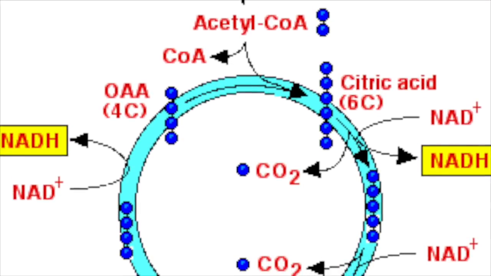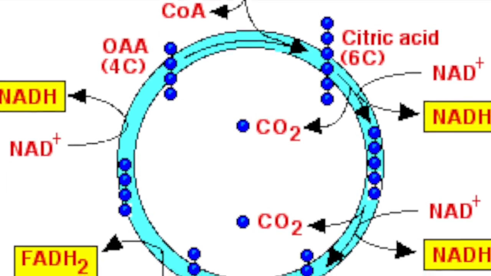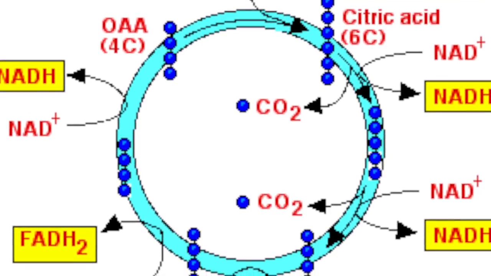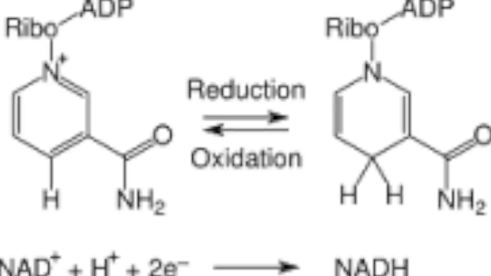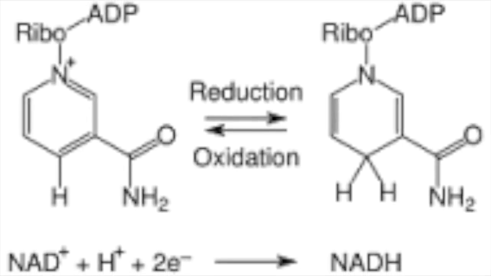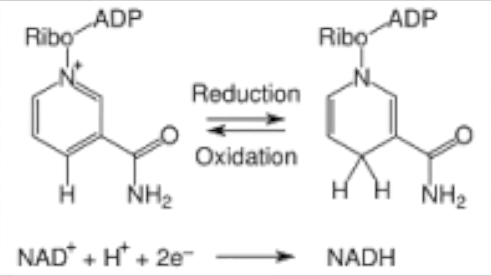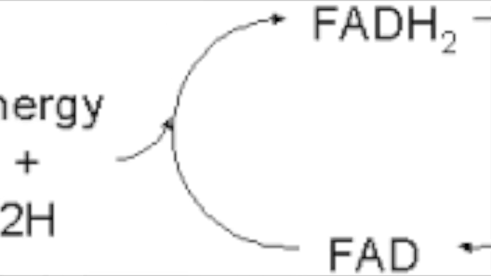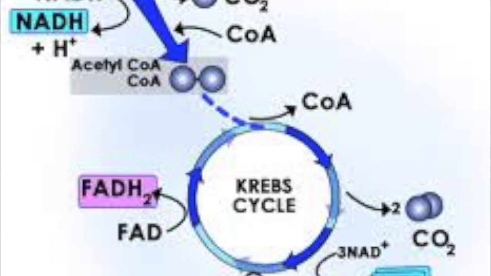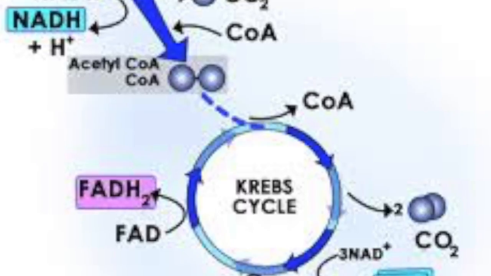The 2-carbon molecules that are released will be released in the form of CO2. While the carbon atoms are being oxidized to create the CO2 products, NAD+ is being reduced to NADH. This cycle is known to produce 3 NADH molecules and 1 FADH2 molecule, which are both electron carriers.